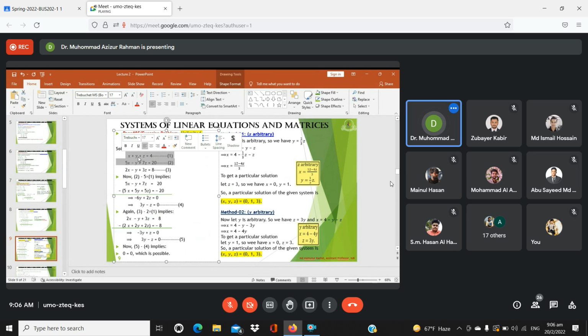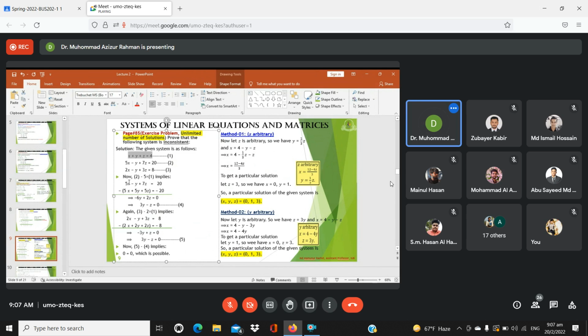In equation 1 we need to multiply by 5. Yes, sir. Okay, so we keep equation 2 as it is, and we multiply equation 1 with 5, and we minus off. So 5x plus 5y plus 5z equals to 20. Since we are minusing off, it is minus here, and this side also minus.